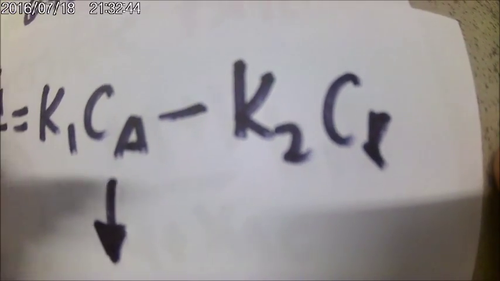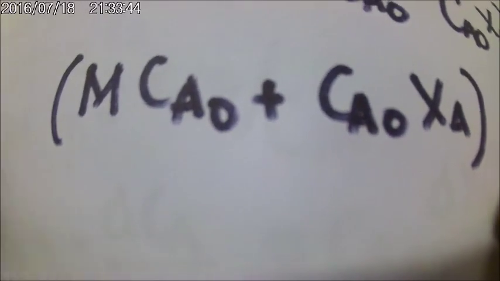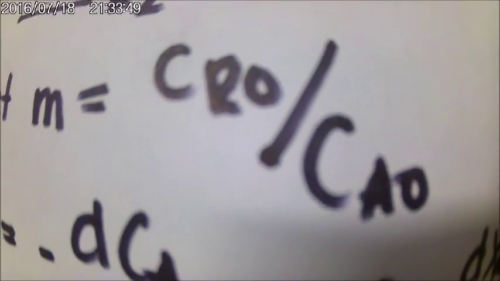We can express CA as CA naught minus CA naught XA, the conversion of A, and CR as M CA naught plus CA naught XA, since we let M as CR naught over CA naught.